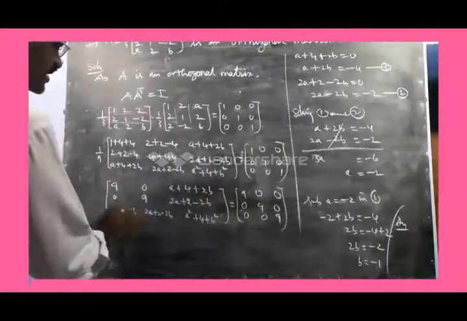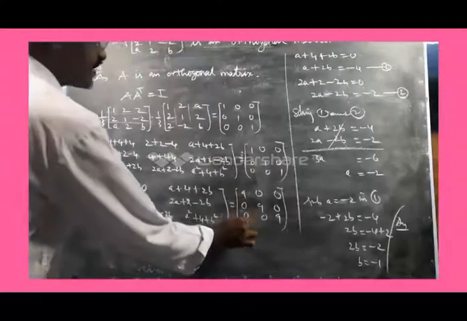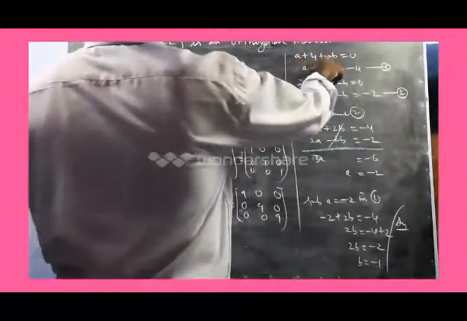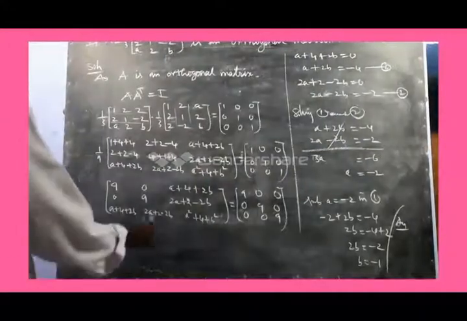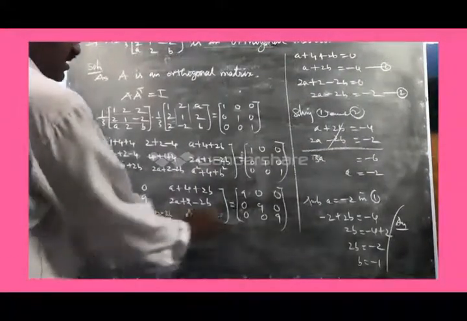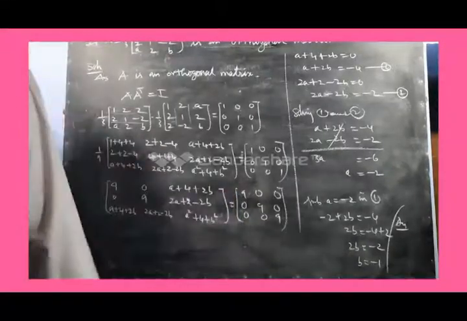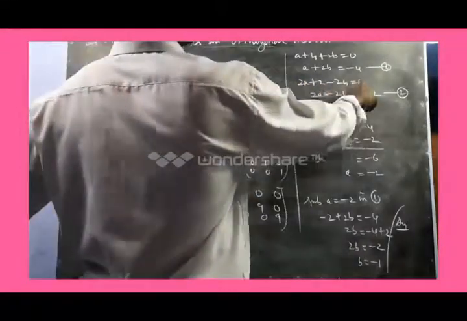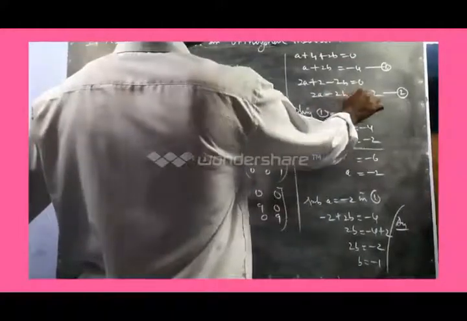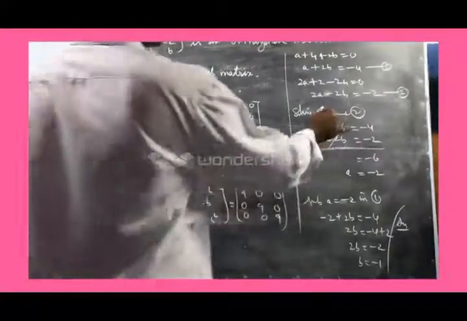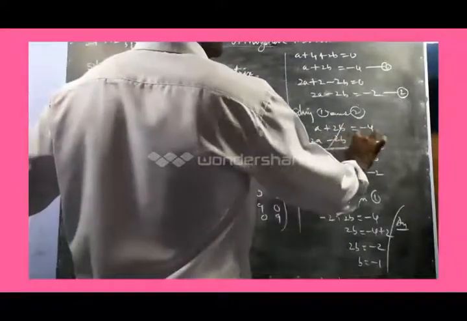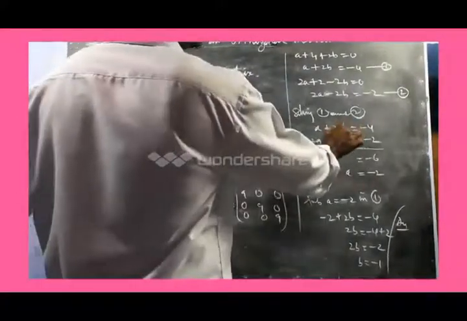Equating the third row's first term: a plus 4 plus 2b equal to 0, so a plus 2b equal to minus 4, equation 1. Next, the last row's second term: 2a plus 2 minus 2b equal to 0, so 2a minus 2b equal to minus 2, equation 2. Solving 1 and 2, plus 2b and minus 2b cancel.